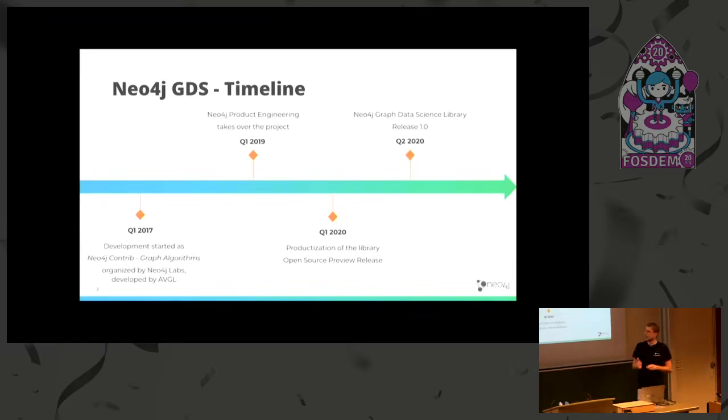You could use it. And at some point in time, Neo4j product engineering took over, so we came into the picture to make it a fully fledged Neo4j product. That work started in Q1 2019, so last year. Since then, we've been working mostly on productizing the library, doing some code refactorings, making sure that all the algorithms run in all the ways you would expect them to, and that they have the features that users want them to have.